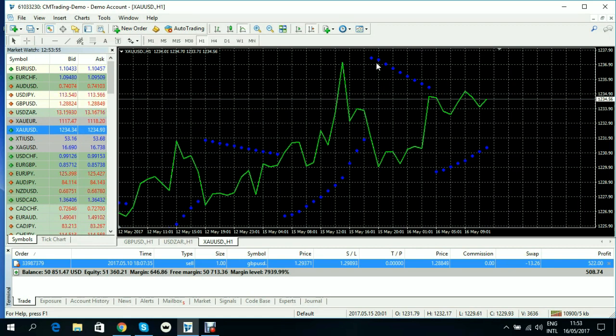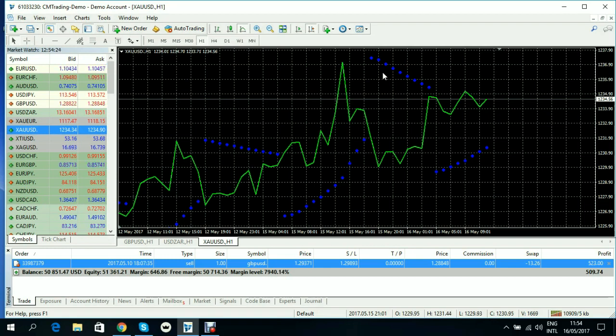Parabolic Sar is perhaps one of the most straightforward indicators. It includes many other things in itself because it functions as a resistance and as a support at most times. It shows reversals.